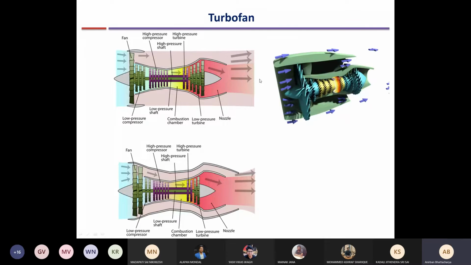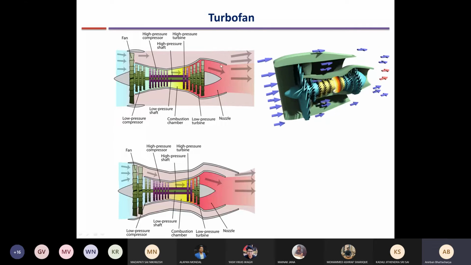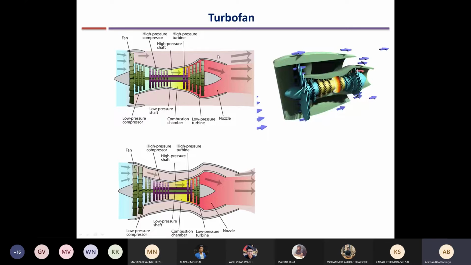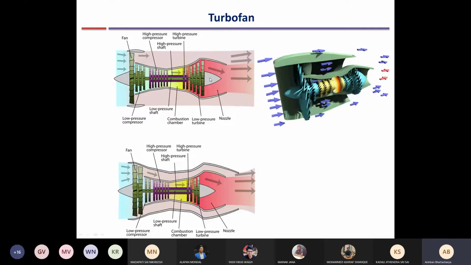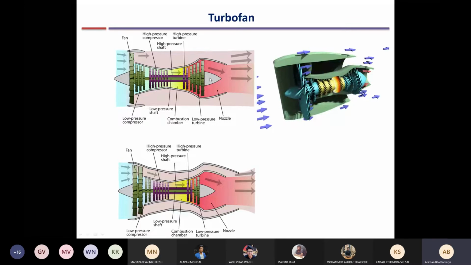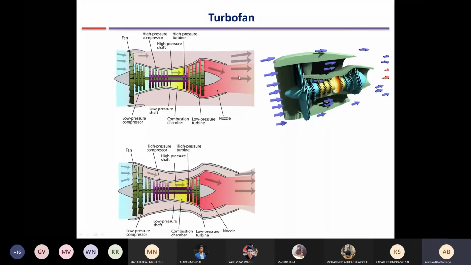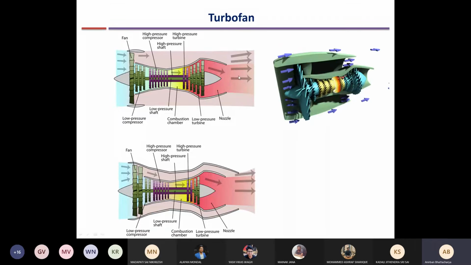One way is that you can reduce the exhaust velocity in the nozzle. You can design the nozzle so that the exhaust velocity is less. But in that case, if the nozzle area or the mass flow rate remains the same, your thrust will be reduced, because ultimately the thrust depends on the change in momentum. The exhaust velocity will be reduced, mass flow rate will remain the same, thrust will be reduced.